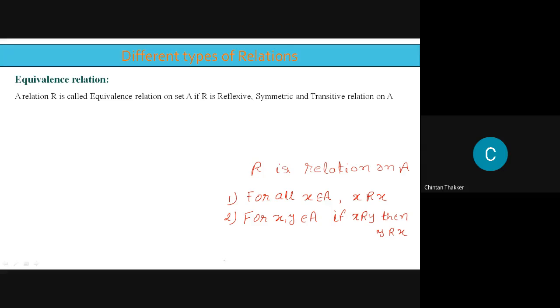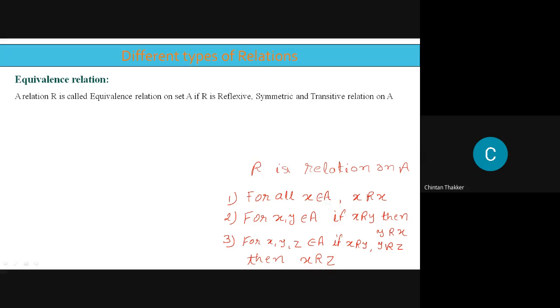This is the second condition. The third condition is: for x, y, z belongs to A, if x is related to y and y is related to z, then x is related to z.